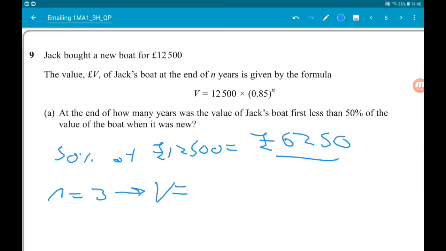And that's going to give us 7,676 pounds, or 7,677 pounds if we go to the nearest pound. So that's no good. Still quite far off. So now I'm going to try 5. So n equals 5.